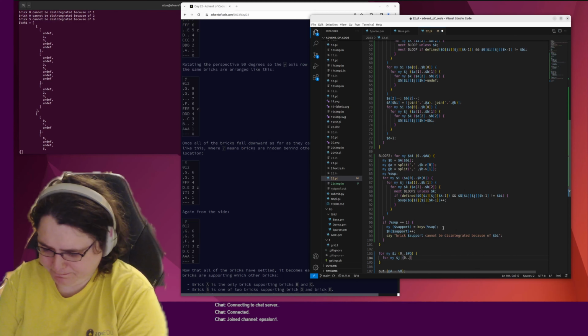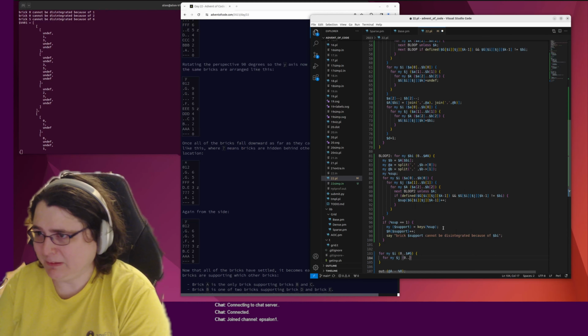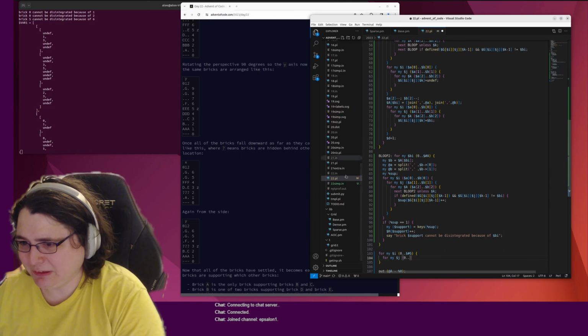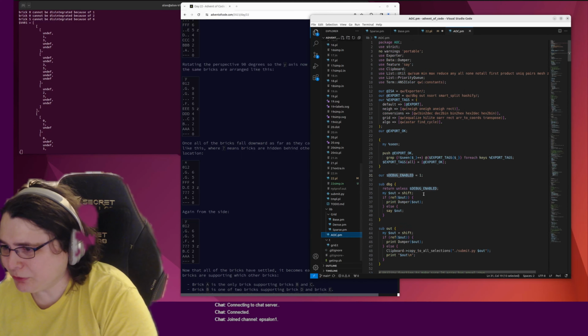Is my normalize function good for 3 dimensions?